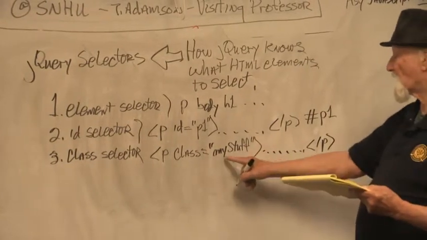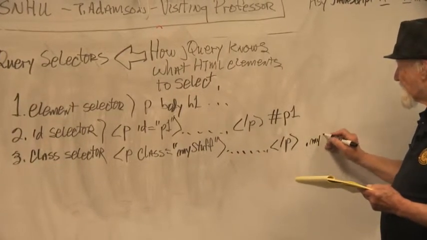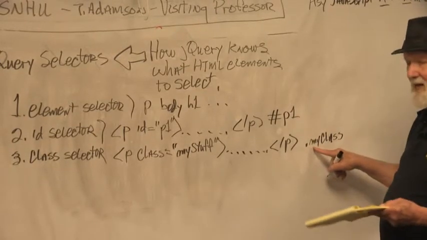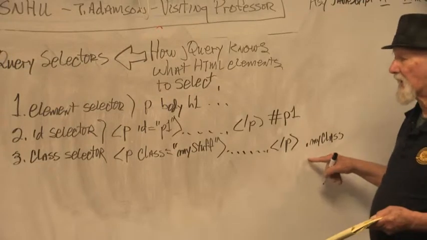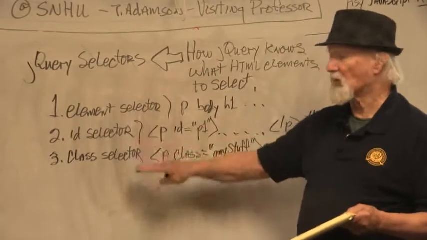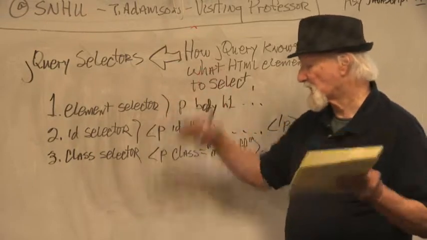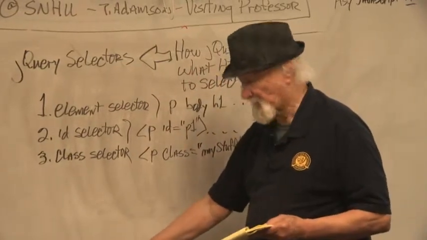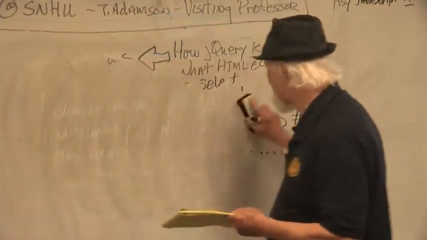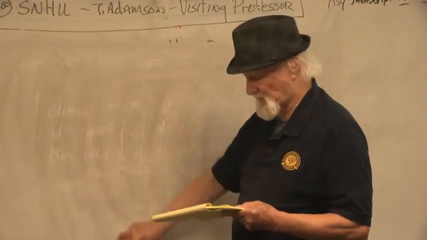And remember that in order to access that, I needed a dot and then my class. The dot ahead of the identifier indicates that it's a class identifier. So there are more selectors in jQuery than just these, but these are the only ones we'll be covering for this particular lecture. Future lectures, we can look at all of them, or else you can go and Google them and see what they are. Okay. So those are the three selectors that we're going to be using to select particular HTML elements.